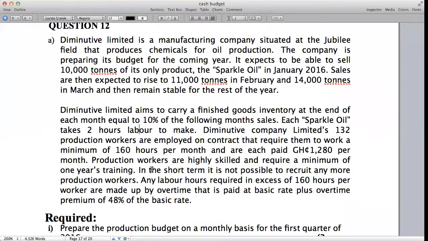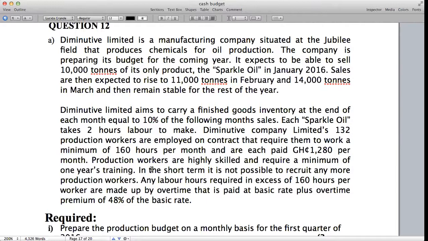It means that they require experienced staff, a minimum of 1 year training. You need experience before they can come and work on it. You can't call anybody to come and sit behind a machine and start operating. You incur huge losses. You have to maintain your own staff.